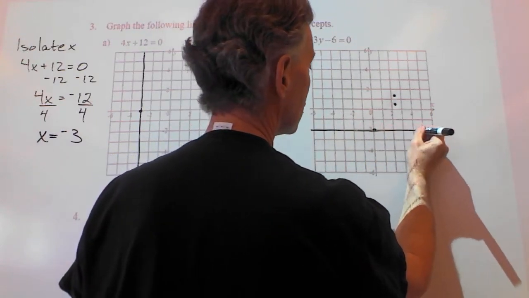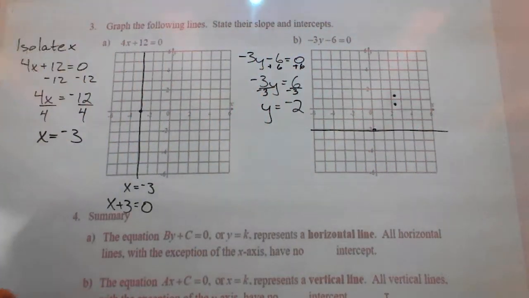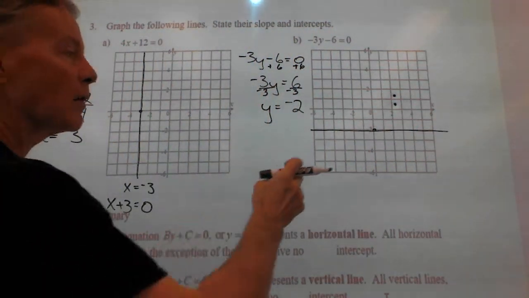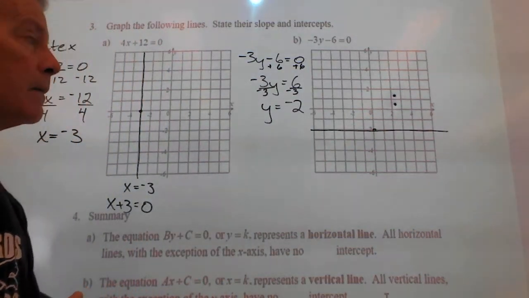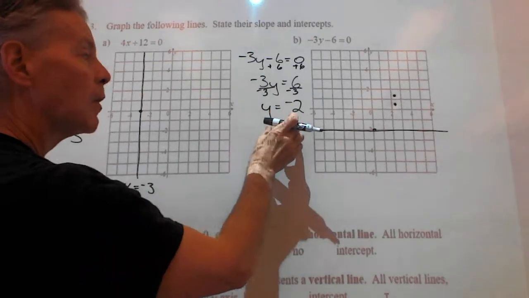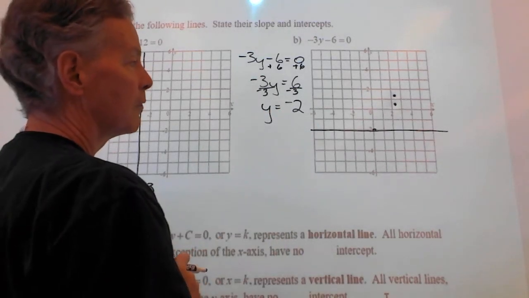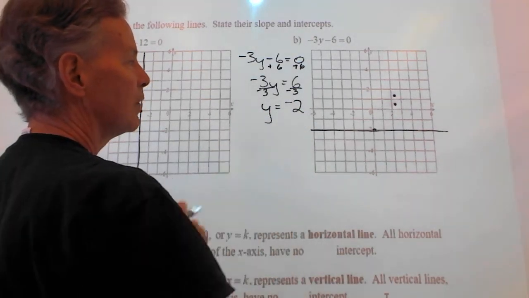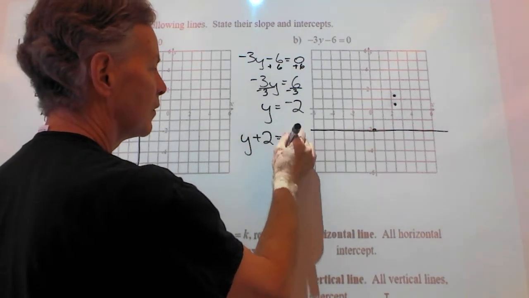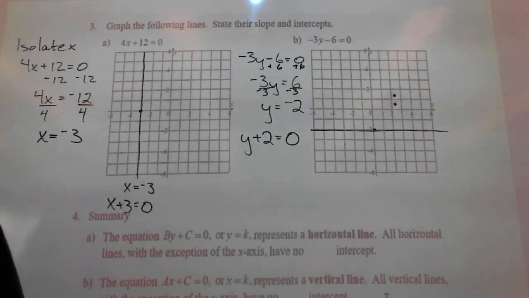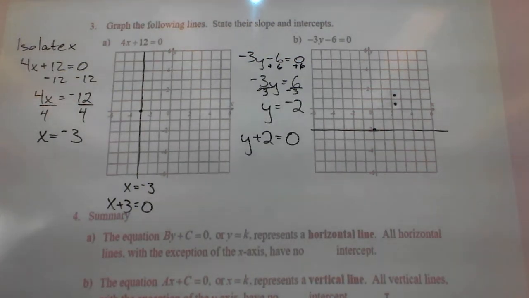So, you're going to get a perfectly horizontal line that crosses the y-axis at negative 2. Okay? If we want to put this one in general form, remember we would add 2 to both sides, giving us y plus 2 equals 0. And there's your general form. Okay? Good?